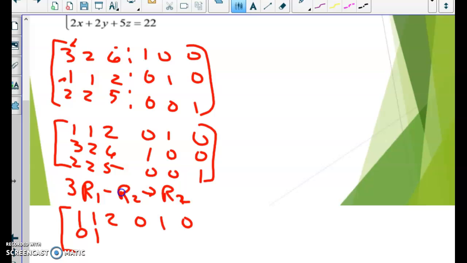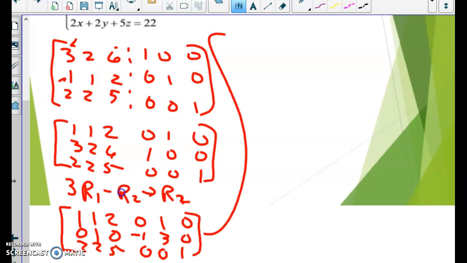And then 6 minus 6 gives me 0. 0 minus 1 is negative 1. And 3 minus 0 is 3. And 0 minus 0 is 0. And my bottom row stays the same so far.